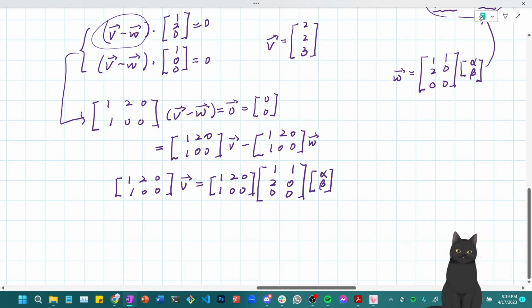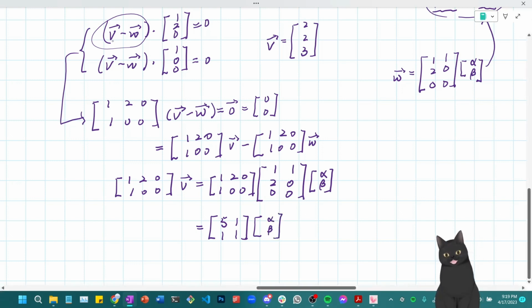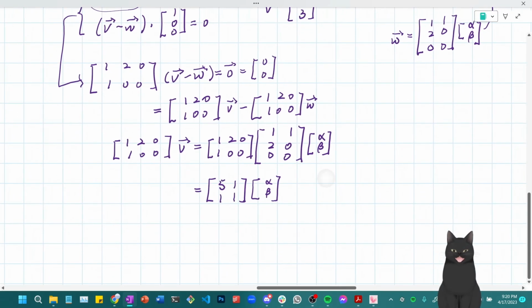So in this case, I can first try to multiply the right side of the equation together. So I'll get a 2 by 2 matrix. That's going to be (5, 1; 1, 1). So this 5, 1, 1, 1 matrix times (alpha, beta) is equal to the matrix with rows (1, 2, 0) and (1, 0, 0) times v. Very fortunately, this matrix is invertible. So I'm going to take the inverse of it and multiply both sides of the equation by its inverse.